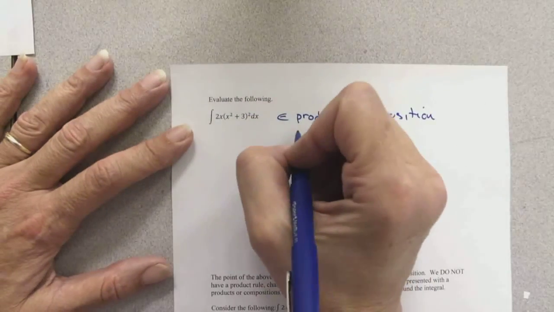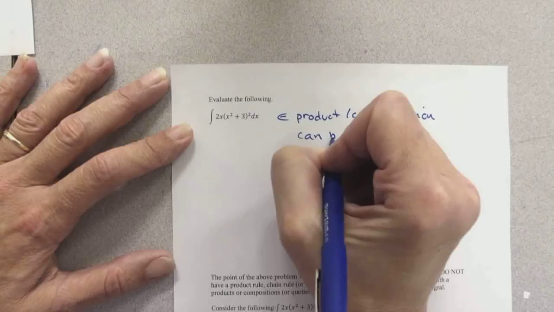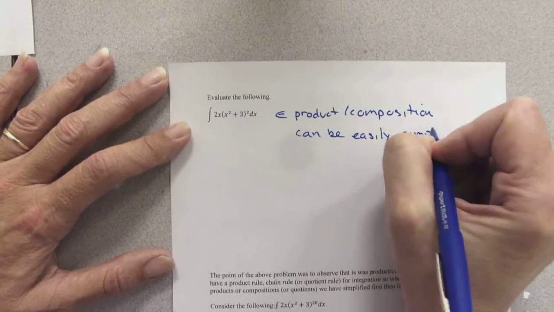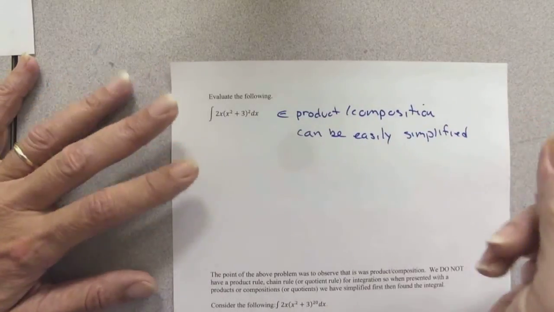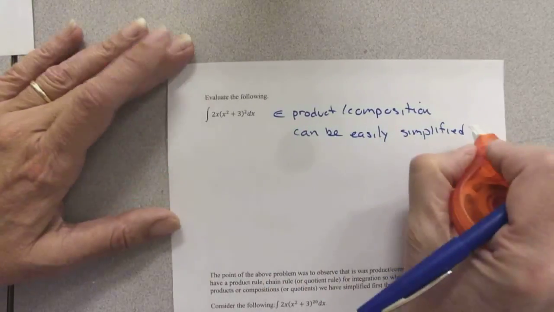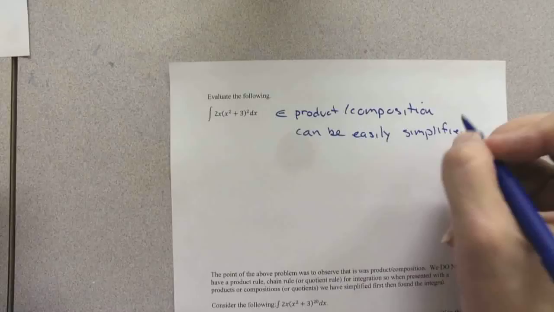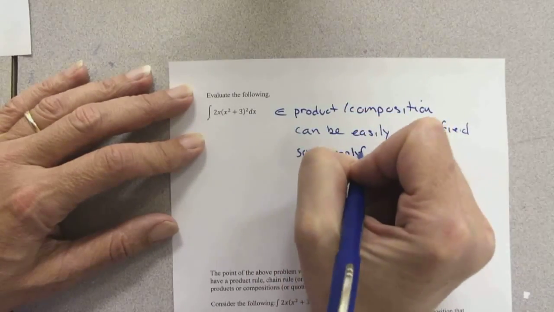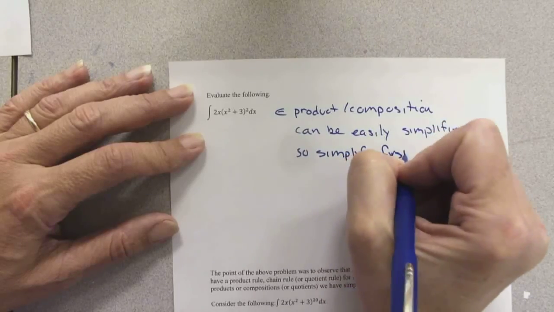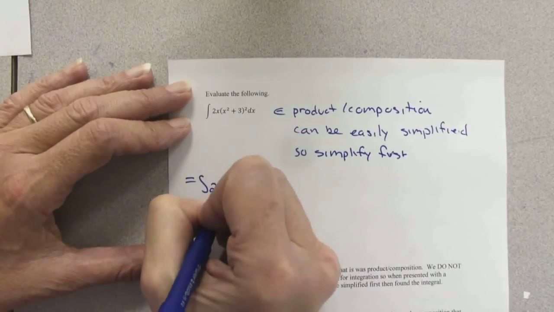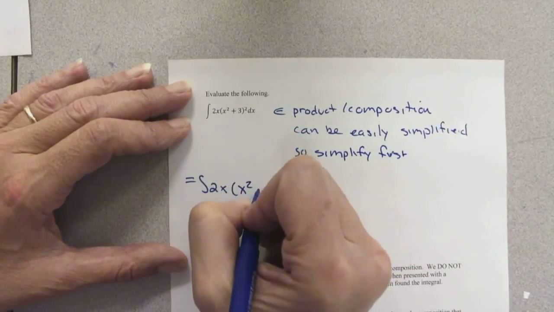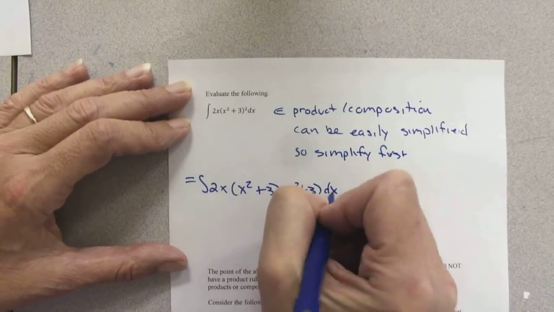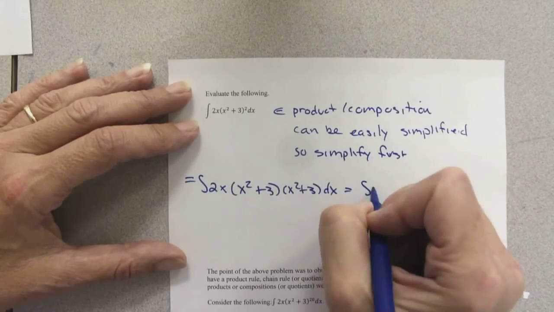And this can pretty much easily simplify. So that's what I am going to do. I'm going to go ahead and simplify this first. And anytime I can simplify my original problem, that's the choice I'm going to make.